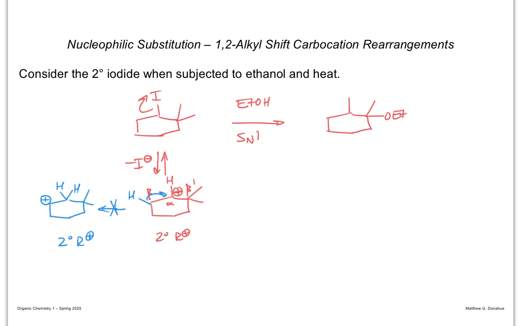If we look at beta prime, we can see that beta prime has 2 methyl groups. Now one of them can migrate over. Then we can classify that as a tertiary carbocation. So we've gained stability. That's allowed. That's called a 1,2 methyl shift.